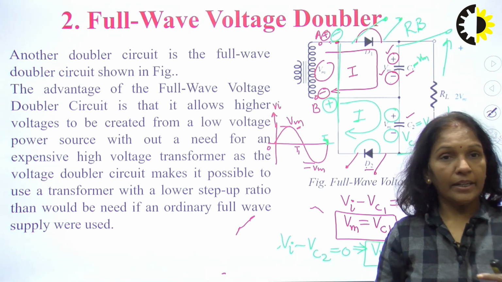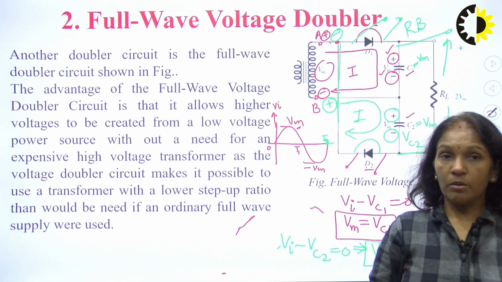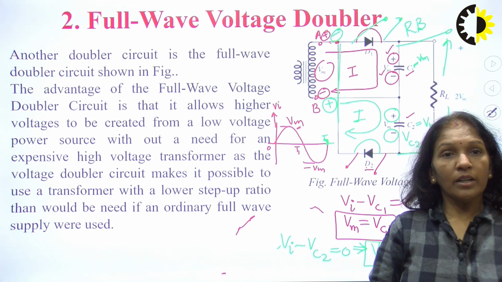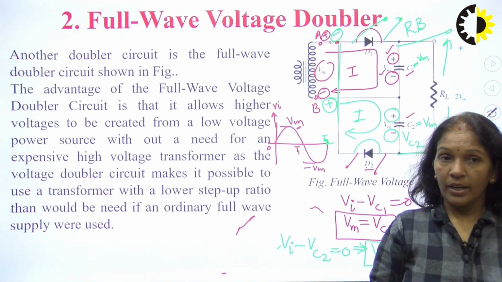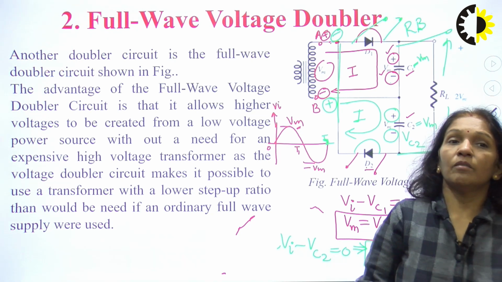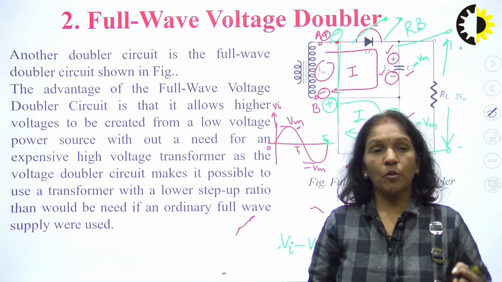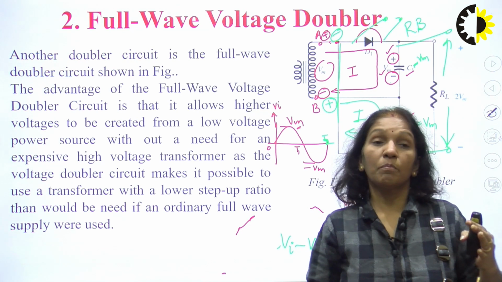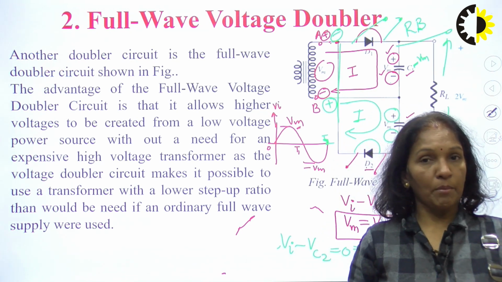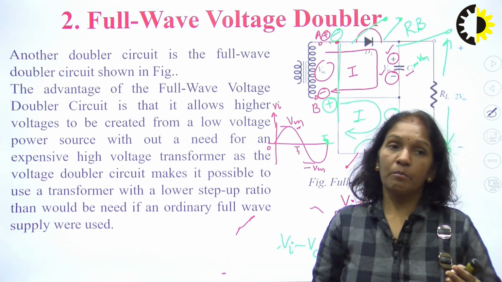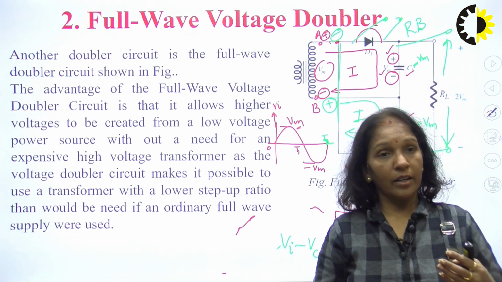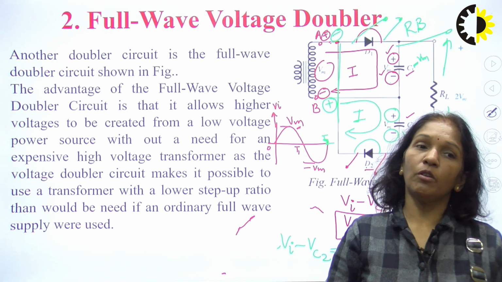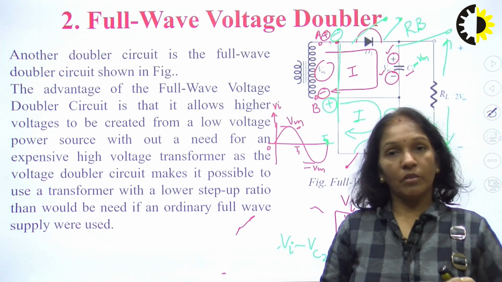So, the advantage of the full wave voltage doubler is that it allows a higher voltage to be created from the lower voltage power source without the need of an expensive high voltage transformer, because with the help of the voltage doubler it is possible to use a transformer with the lower step up ratio, than would be used if an ordinary full wave supply were used.